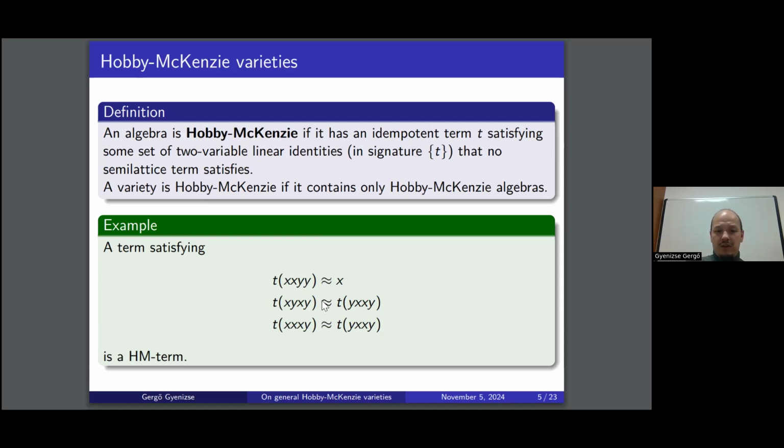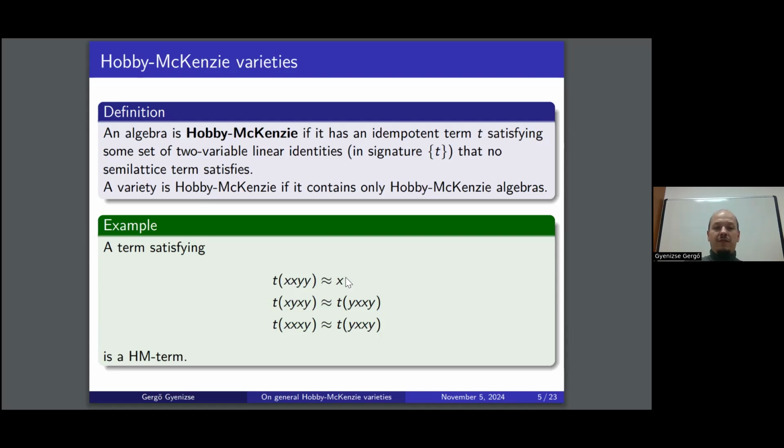But with these two identities only, it's not a Hobby-McKenzie term, because there is a semi-lattice term that satisfies this. Let's take the meet of the first two variables in a semi-lattice. So in a semi-lattice, let's define T as a term that outputs the meet of the first two variables.